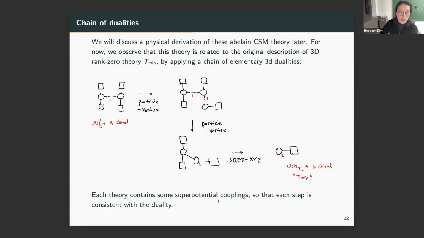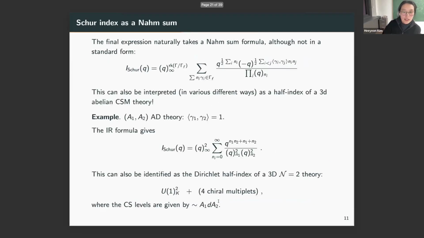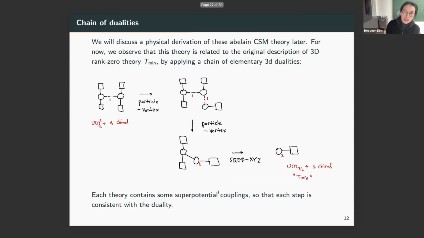But for now, I'm going to just explain the observation that this theory that I illustrated here is related to the original description of the 3D rank 0 theory, the T minimum theory that I explained in the very beginning of the talk, by applying a chain of elementary 3D dualities.